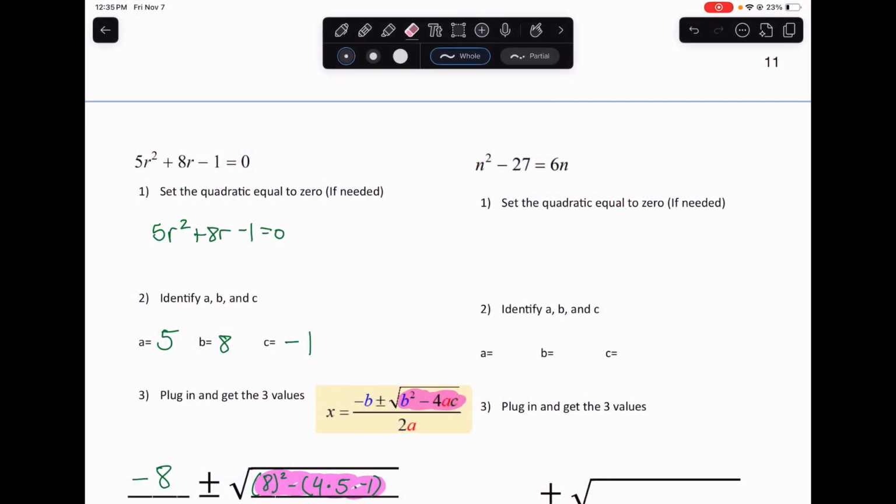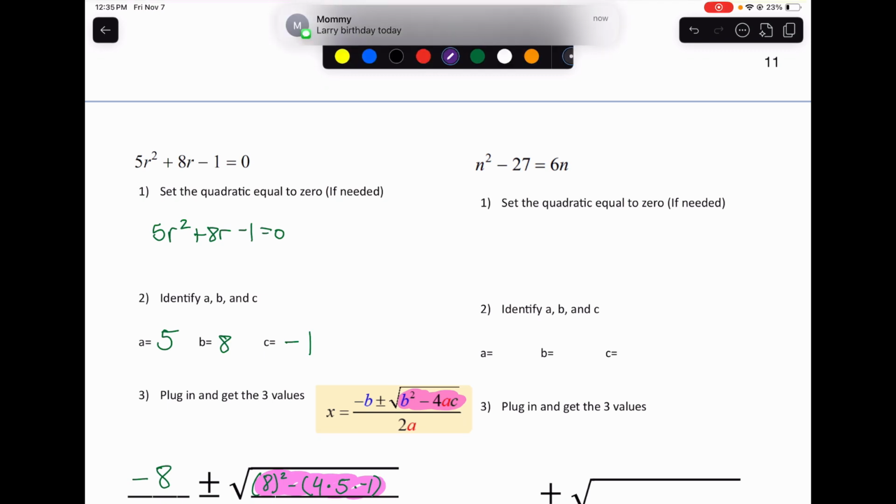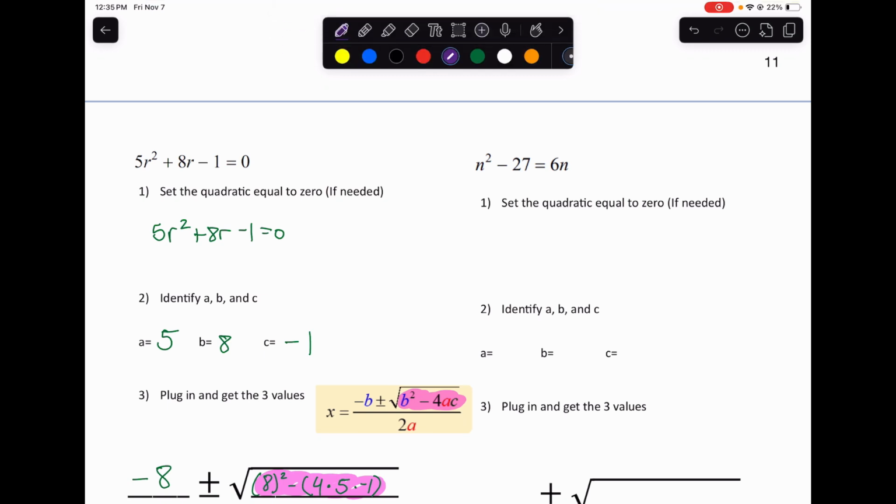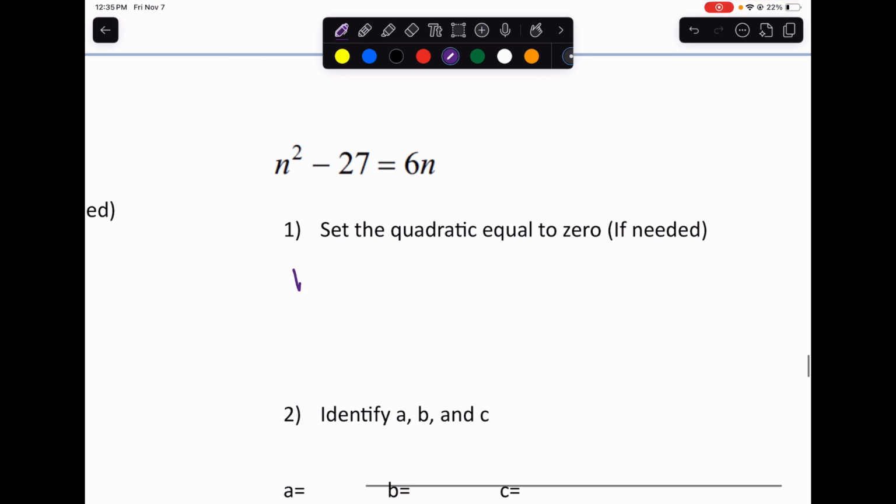All right, let's try another one. So again, to solve, we need to make sure that we've gotten it in standard form. So if we have n squared minus 27 equals 6n, we have to work to make sure that this quadratic is in standard form, which means that it is set equal to 0. Keep in mind, you want to make sure that the leading coefficient on the highest power remains positive.